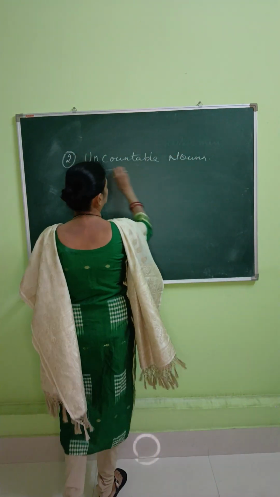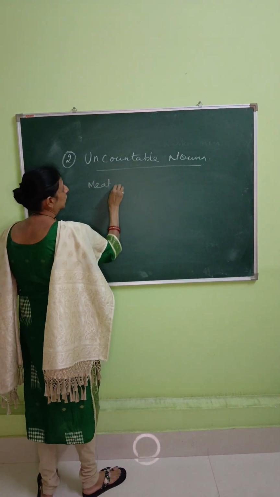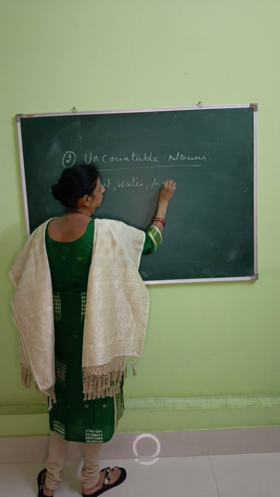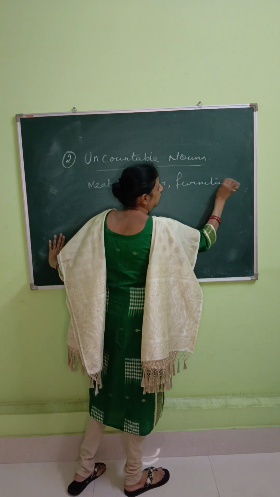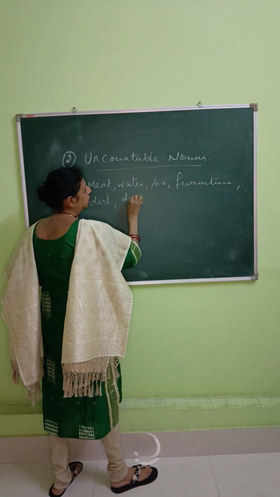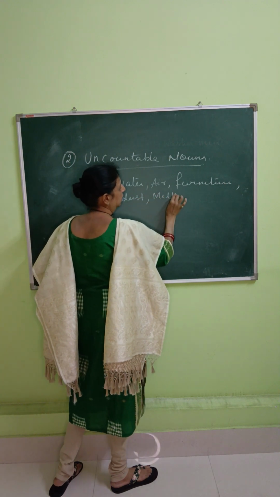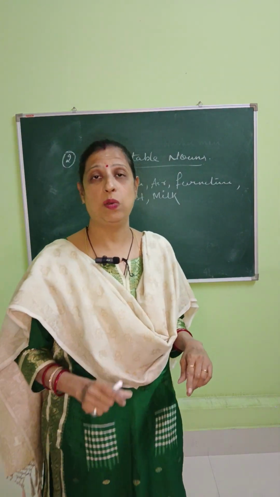For example, we can say meat, water, air, furniture, then dirt, dust, milk. Yes, these are all uncountable nouns.